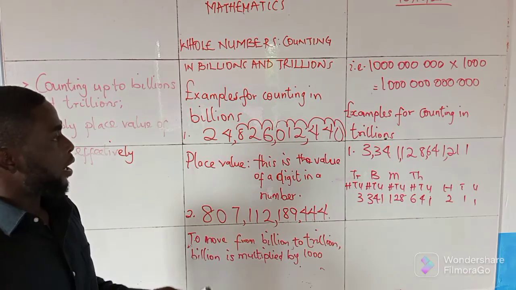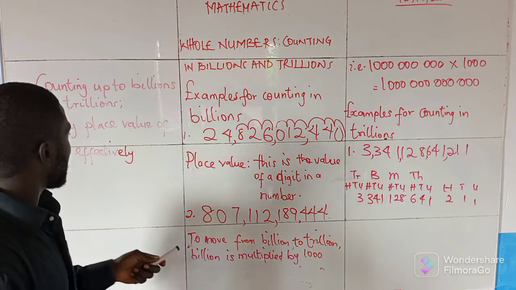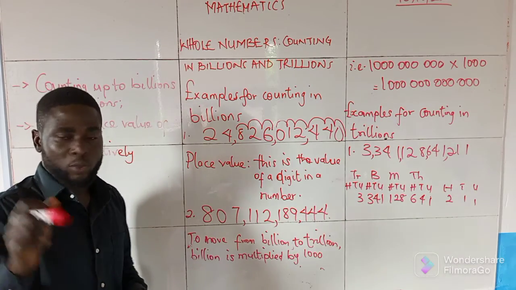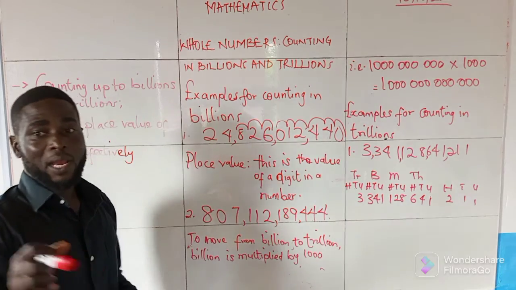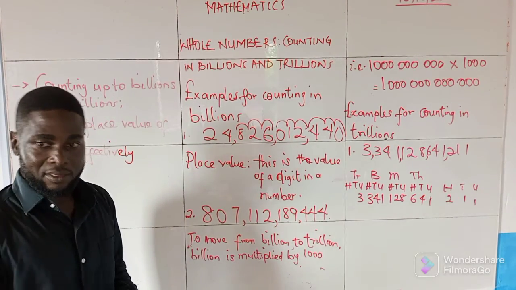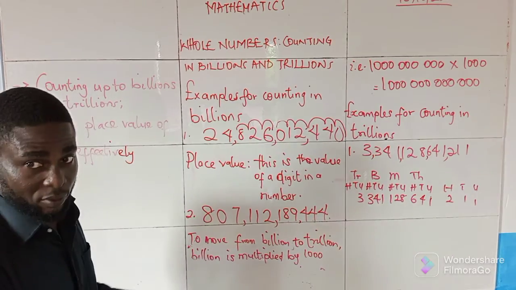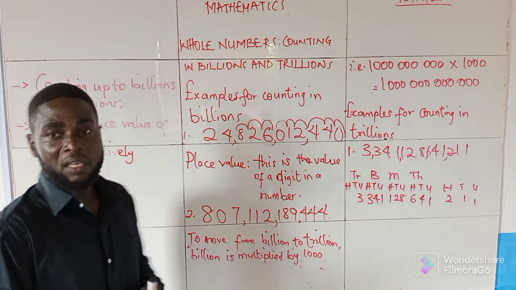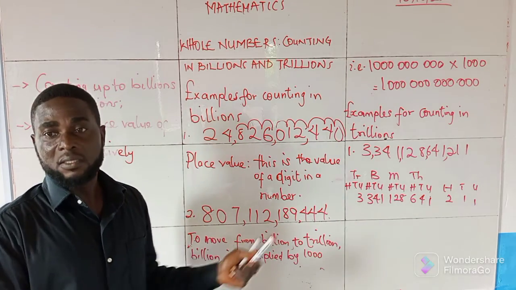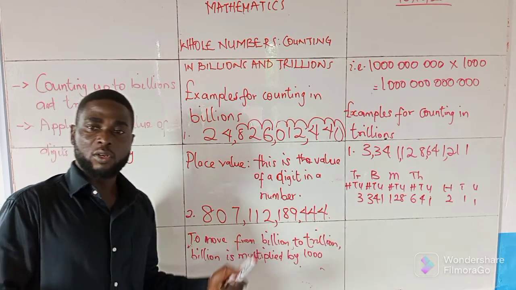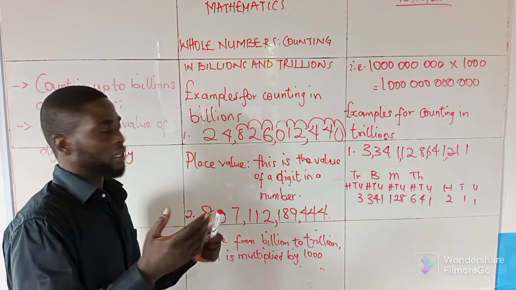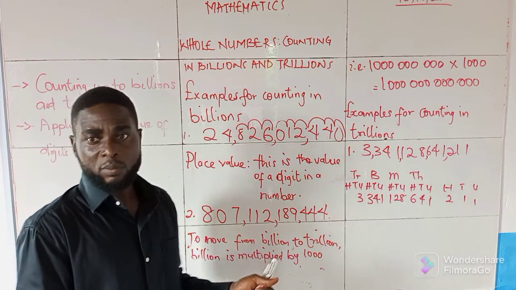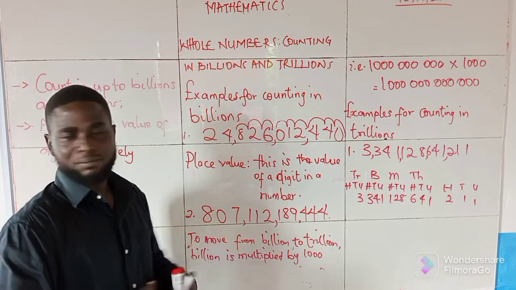So in summary, this whole lesson is to help you understand that you can apply large numbers in counting of numbers itself, or population. You can apply them in comparing two quantities. You can compare the population of two states in the country. You can apply it in the counting of produce, manufactured produce, and what have you.